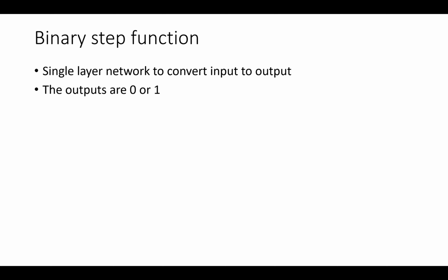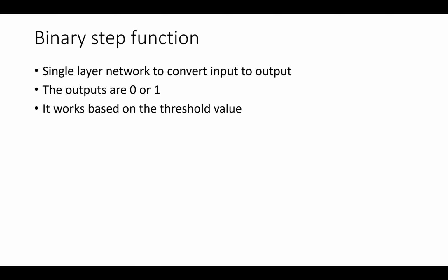So what is a binary step function and how does it work? Binary step function is essentially a single layer function which develops a relationship between input and output and tries to convert it. As the name suggests, it's binary, its results would be either 0 or 1. How does this binary function work?